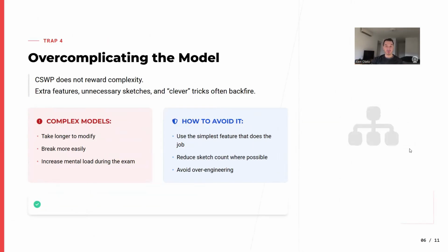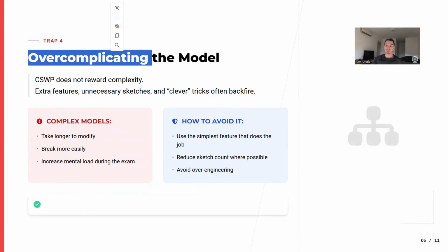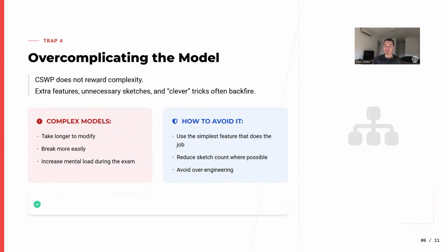Trap number four, overcomplicating the model. Okay, CSWP does not reward complexity. Extra features, unnecessary sketches, and clever tricks often backfire. Complex models take longer to modify, they break more easily, and they increase mental load during the exam. Now, how can you avoid these things? Use the simplest feature that does the job, right? You don't have to use some complicated feature.